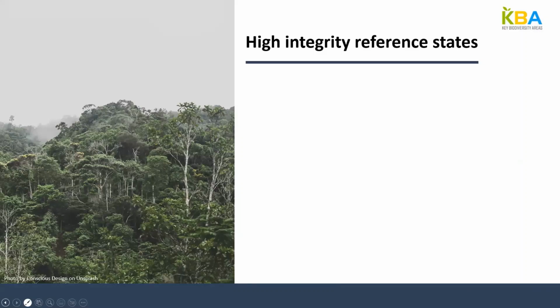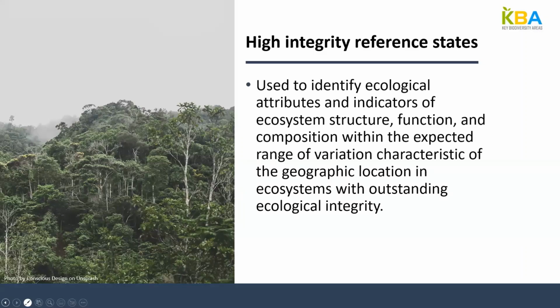High integrity reference states are used to identify attributes and indicators of ecosystem structure, function, and composition, and to understand what the acceptable range of values for the identified indicators for that ecoregion and ecosystem are. This means that you can kind of think of high integrity reference states as the baseline or the baseline range.